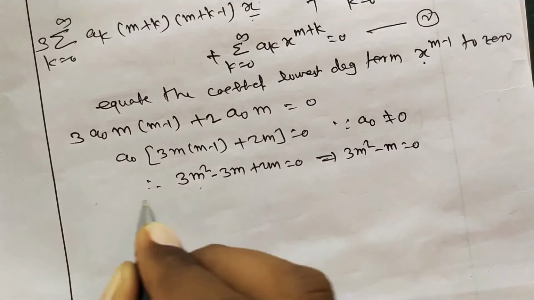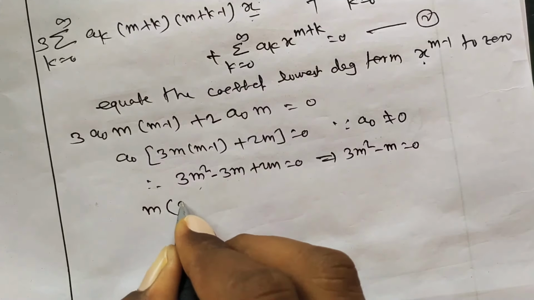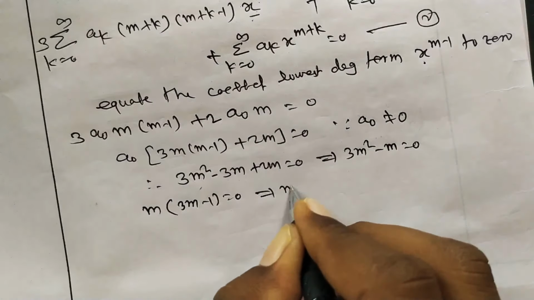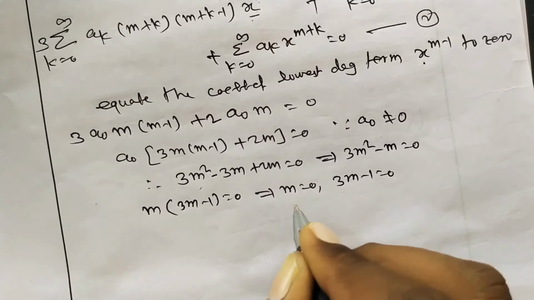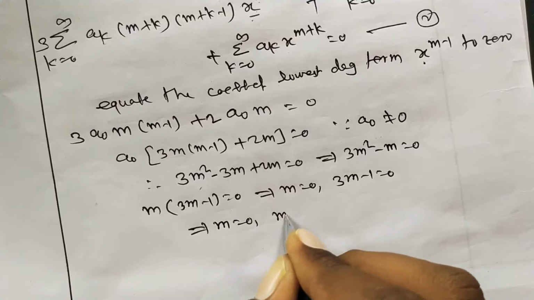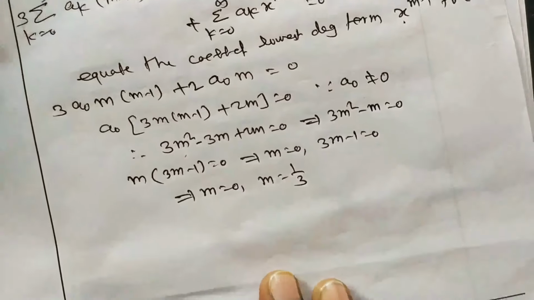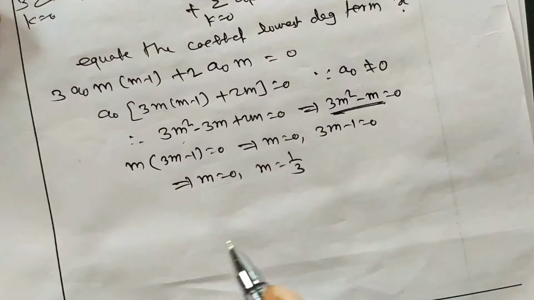We have to find its roots. If we take m common here, we get m into 3m minus 1 equal to 0, meaning either m equal to 0 or 3m minus 1 equal to 0. Using this we can write m equal to 0 or m equal to 1 by 3. So these are the two roots of the indicial equation 3m square minus m equal to 0.